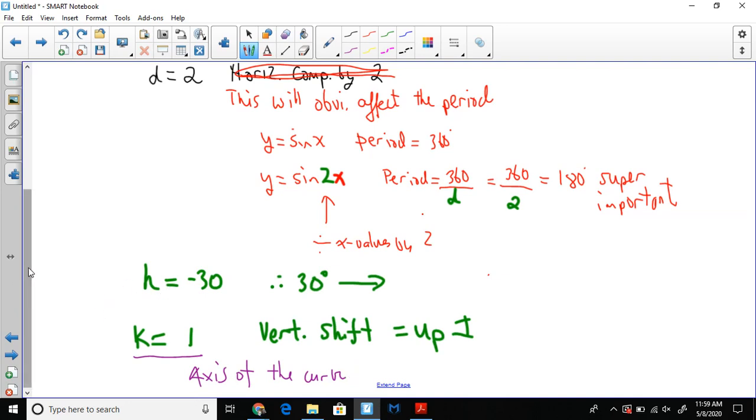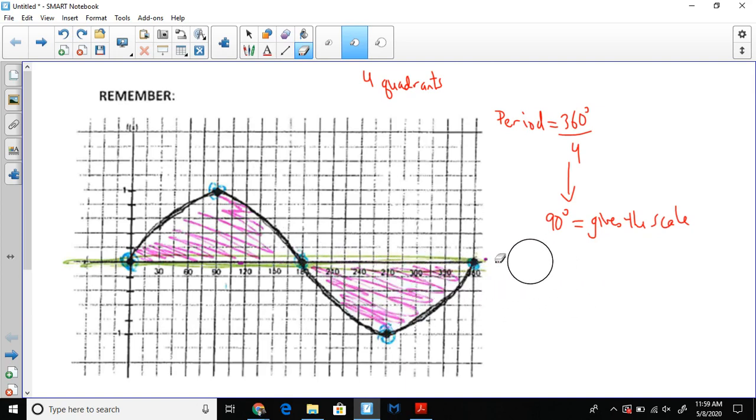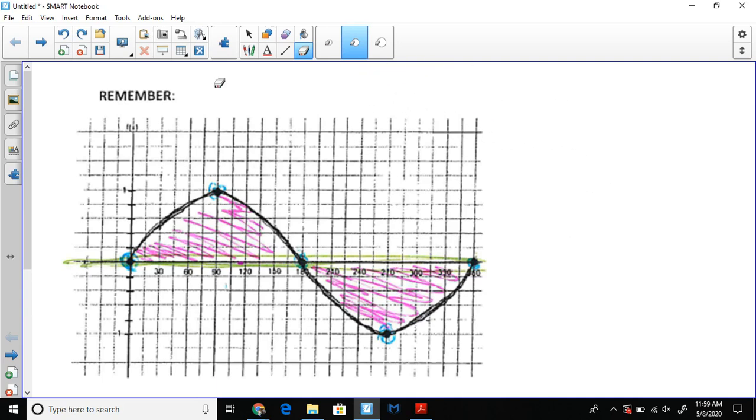Because if you think about it, where is the original sine graph? Let me go back here. Okay, here's my original sine. I'll erase all this stuff so that it's not as busy. So again, this is y equals sine of x.